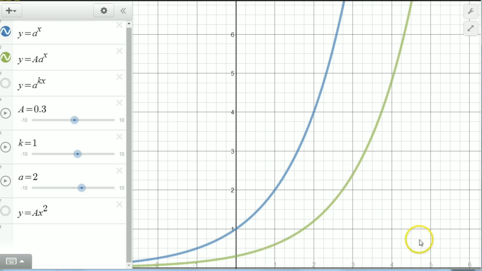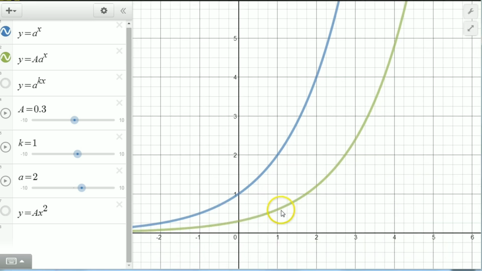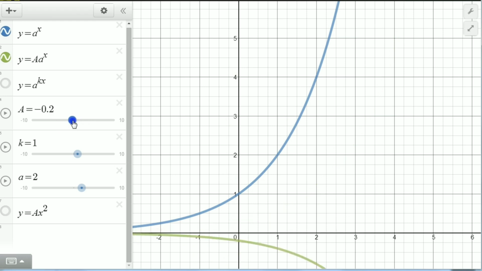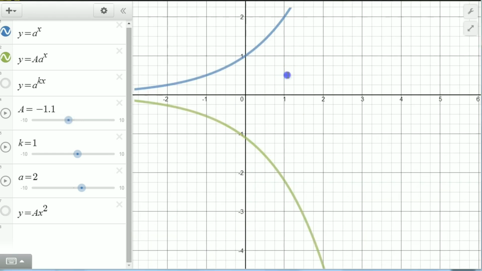It's sort of laying down along the x-axis. This is still a dilation along the y-axis, or away from or towards the x-axis. Obviously, if a gets to 0, the graph gets flat because 0 times everything is 0. And then if a is negative, it flips the graph upside down, as we've seen before.